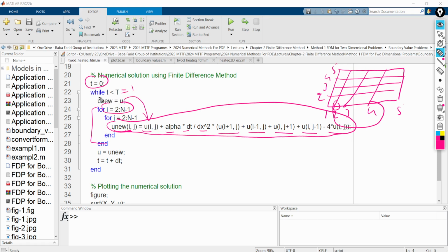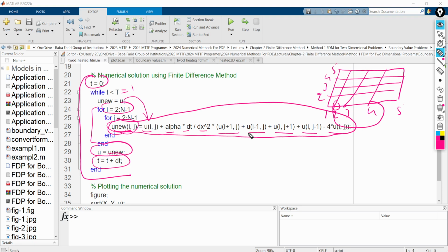So as long as t is less than the final time, the next value will be computed here, which will be the value for the next time step. And all the new values will be stored at this place after updating every value. U is equal to u new, and t is equal to t plus delta t. So this is the entire program to implement our finite difference updated equation.